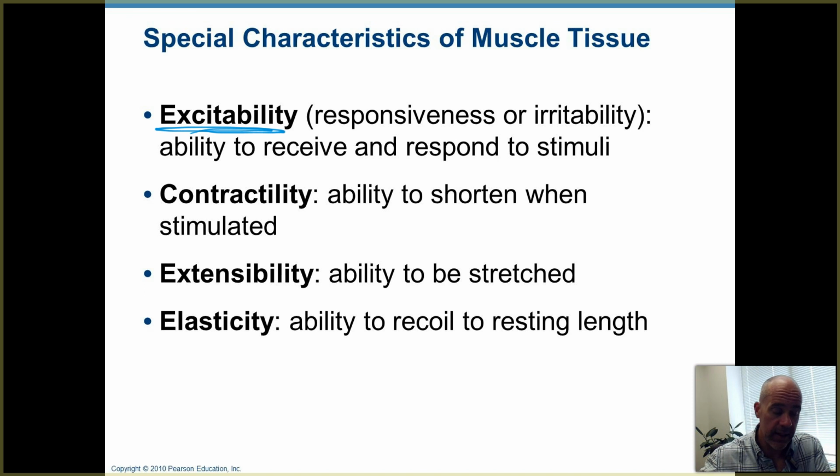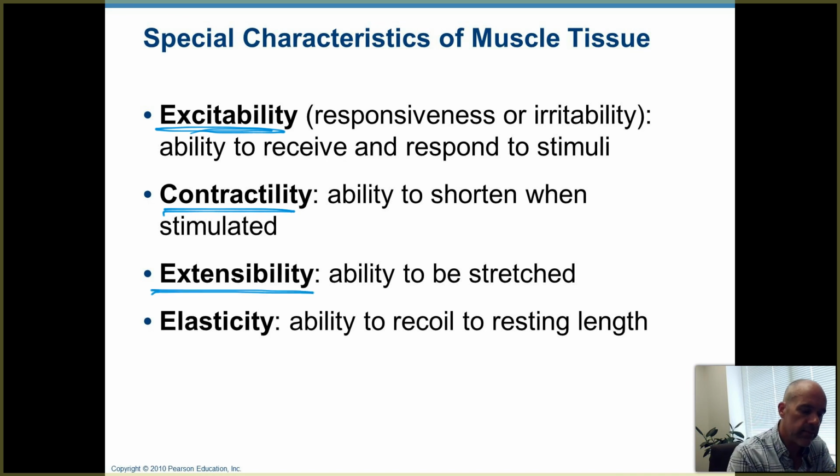So contractility, that's another special characteristic. The individual fibers and cells within muscle tissue are capable of contraction and then relaxing. Those contractions generate force that's required for movement, so that's contractility.